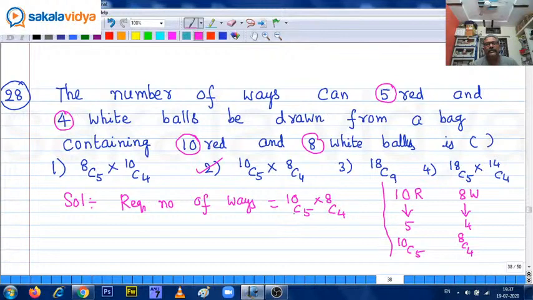But check the options, the direct option is already there. You need not simplify. So obviously option 2 is the right option.